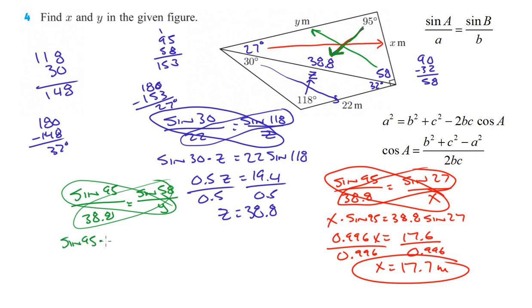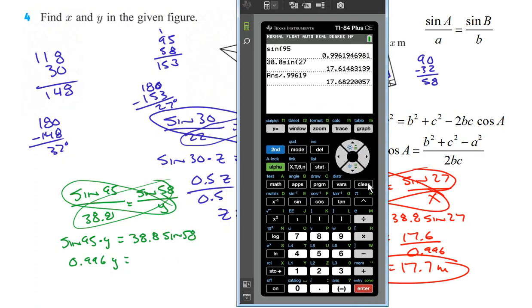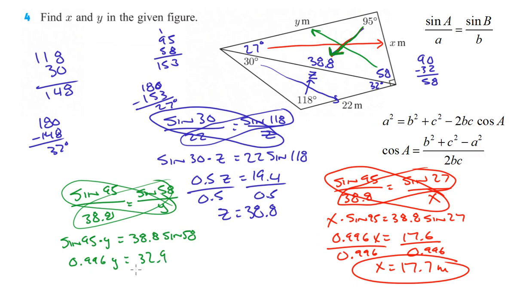Sine 95 times y equals 38.8 sine 58, right? We already figured out sine of 95 is just 0.996 times y, and then 38.8 sine of 58 gives us 32.9. Divide both sides by 0.996.